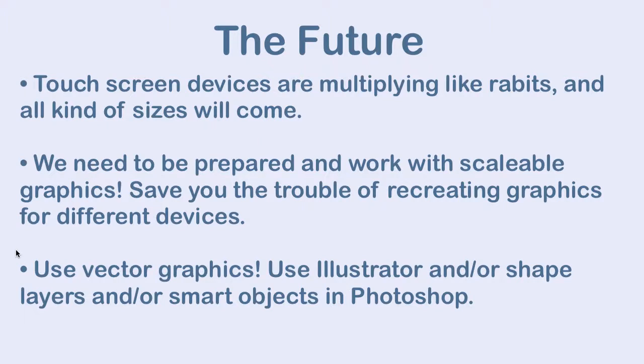So we should use vector graphics. Use Illustrator, and in Photoshop use shape layers and smart objects. If you don't know what shape layers and smart objects are in Photoshop, then Google for them and read about them. That's all for this lesson.